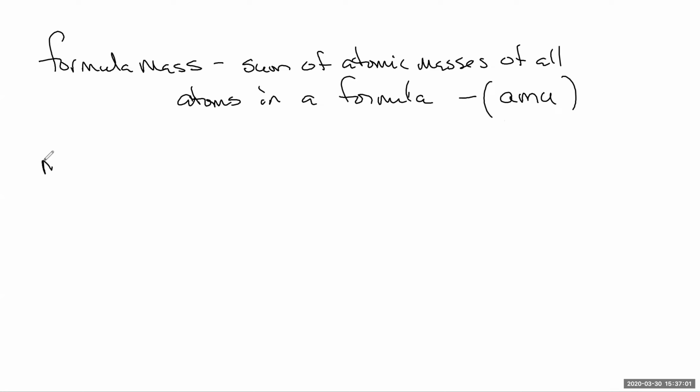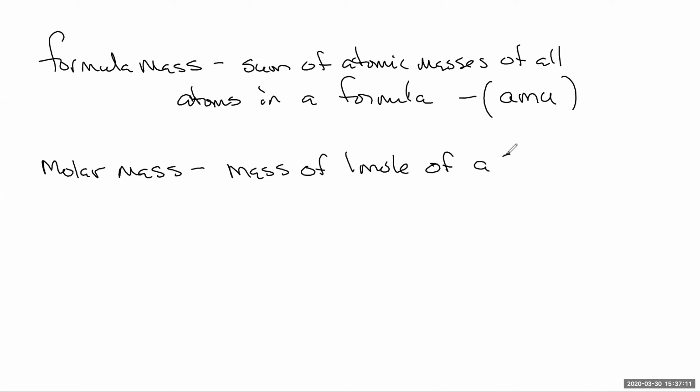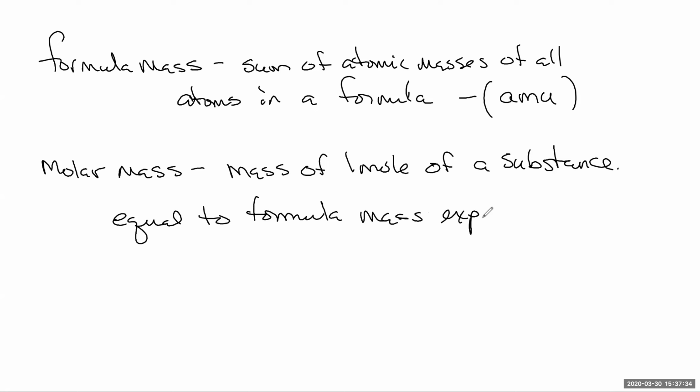What's more helpful to us is a molar mass. The molar mass is the mass of 1 mole of a substance. When you're trying to find a molar mass, you really need the formula mass, because a molar mass, numerically, is equal to the formula mass, but it is expressed in the unit of grams.